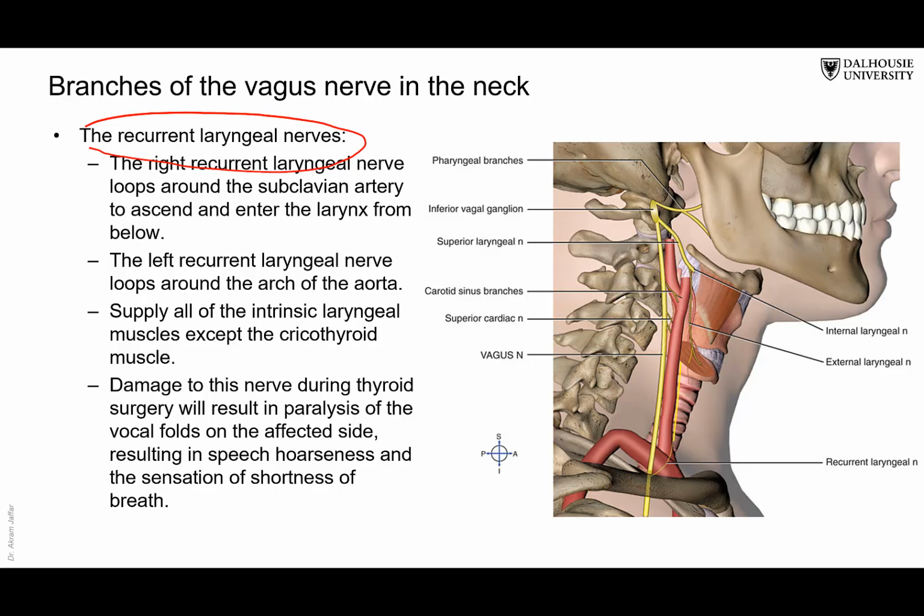Why am I mentioning the recurrent laryngeal nerve here in the neck? Because ultimately it ends in the larynx. It supplies the muscles of the larynx. And because the right recurrent laryngeal nerve, in fact, loops around the subclavian artery, which is present in the neck. It's not like the left recurrent laryngeal nerve that recurs around the arch of the aorta in the superior mediastinum, as we have studied before.